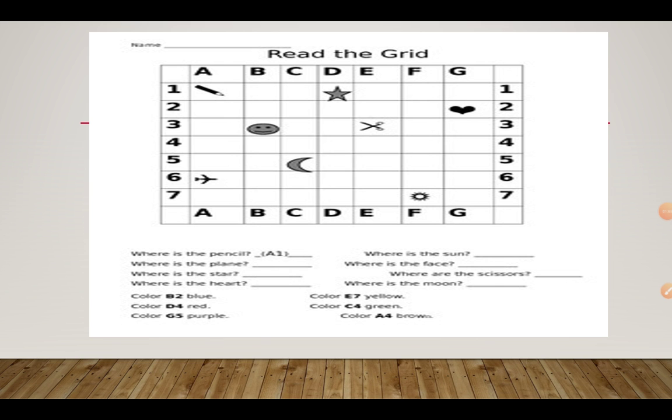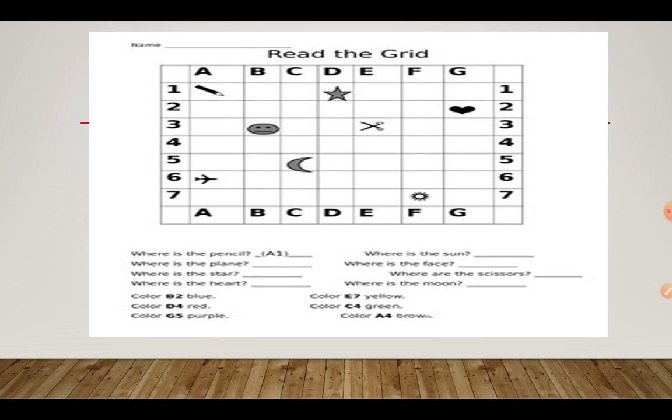Vertically there are letters like A, B, C, D, E, F and G, and horizontally there are numbers like 1, 2, 3, 4, 5, 6 and 7. These horizontal and vertical lines form squares. These squares are known as a grid.